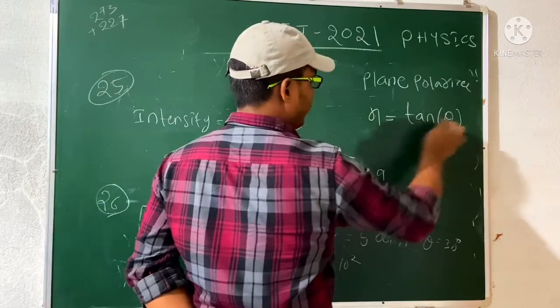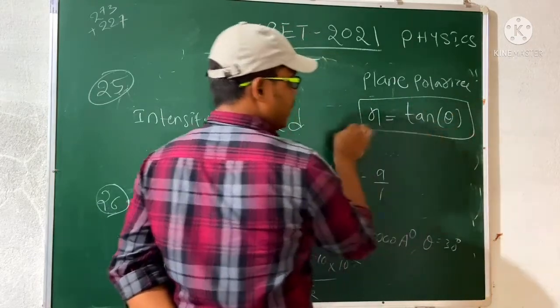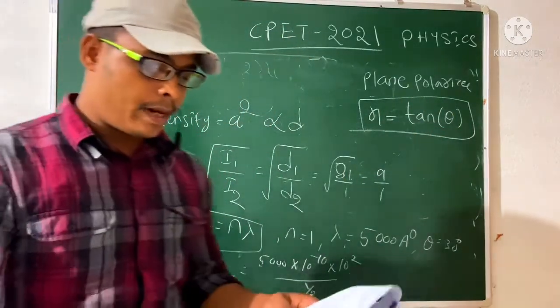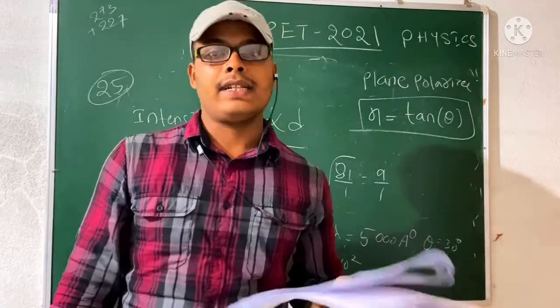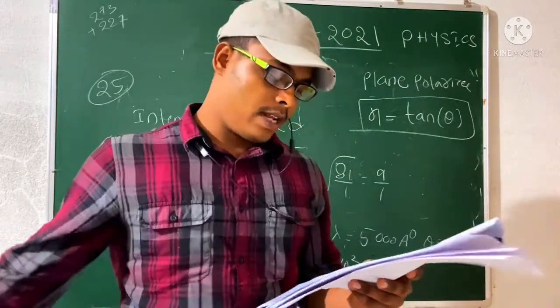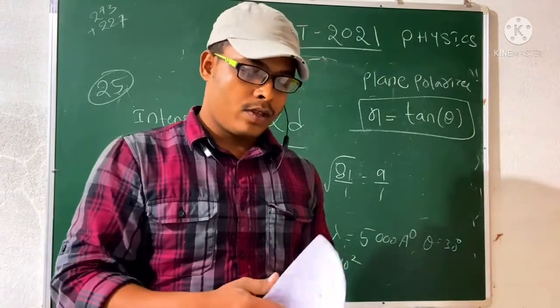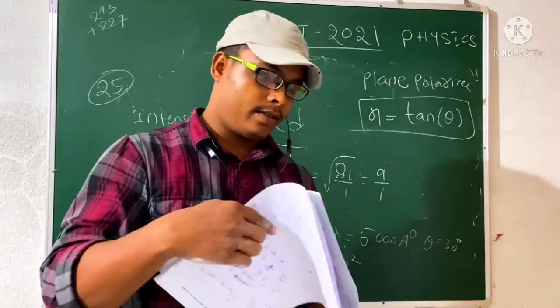That is eta equal to tan theta. So what is tan 60? √3. So your answer is option B. So 27 answer is B.